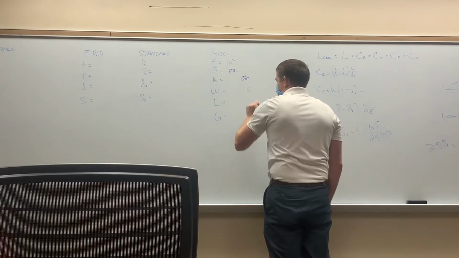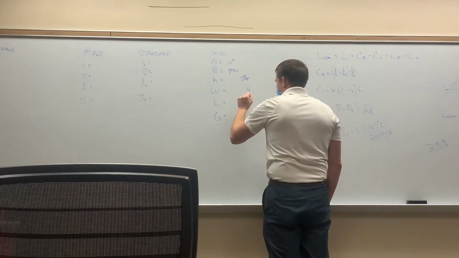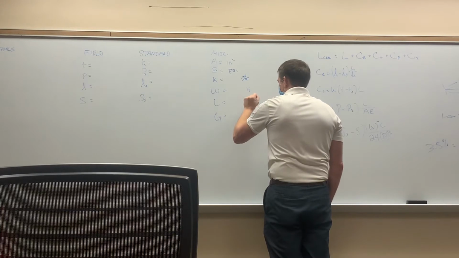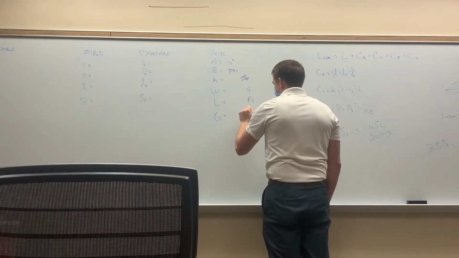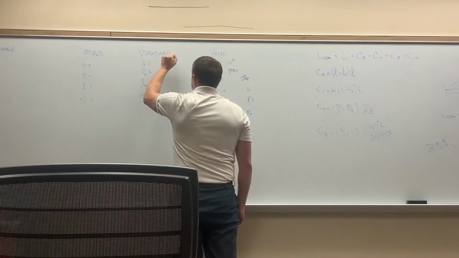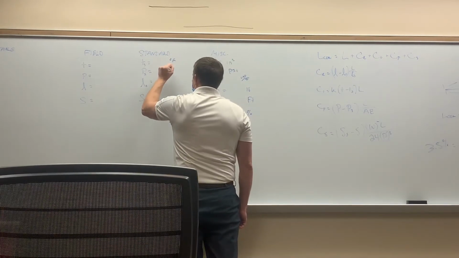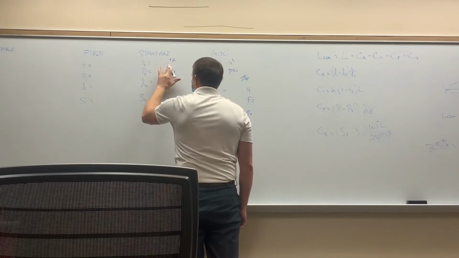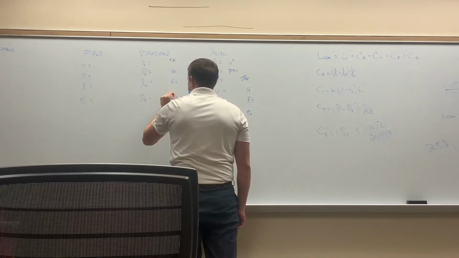This is in pounds. This is in feet. And this is in percent. That helps. This is in degrees Fahrenheit. This is in pounds of pressure. This is in feet. This is unitless.